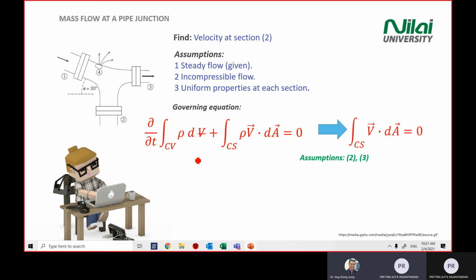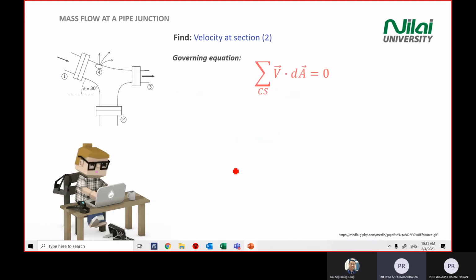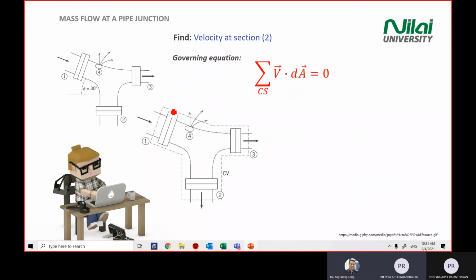Then you focus on what happened to the control surface. This is the domain that you will set in ANSYS later on.